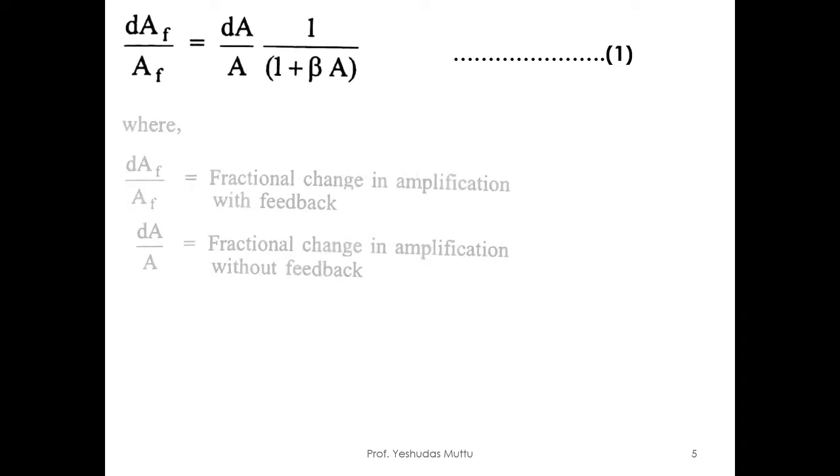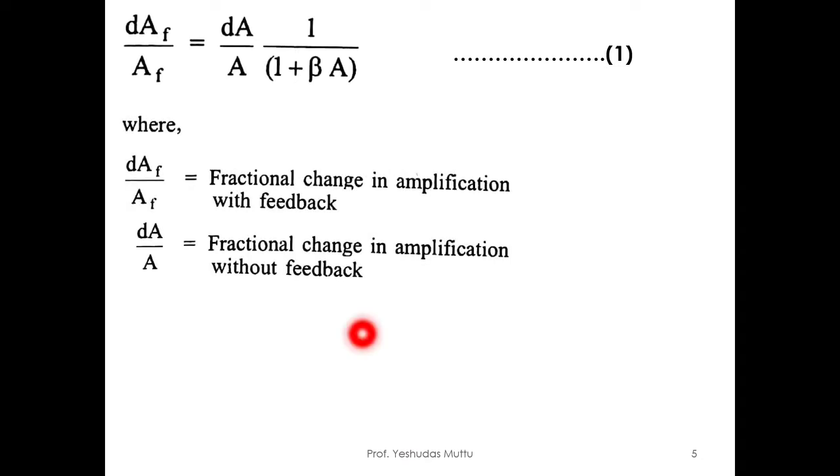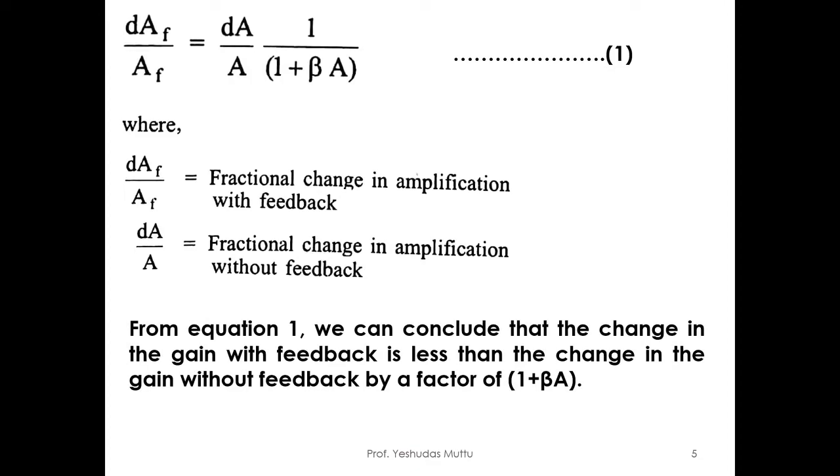These are the things which I had just explained to you all. And we can conclude from the equation that the change in the gain with feedback is less as compared to that of change in the gain without feedback by a factor of 1 plus beta A.